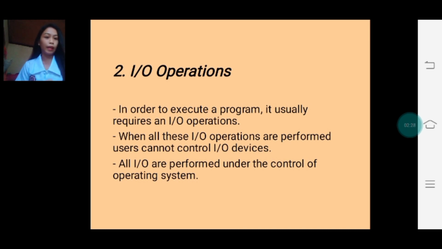And when all these I/O operations are performed, users cannot control I/O devices. All I/O are performed under the control of the operating system. And typical I/O operations are the read or write operations, which are done with the help of output and input devices.